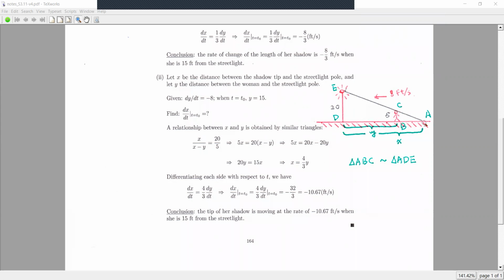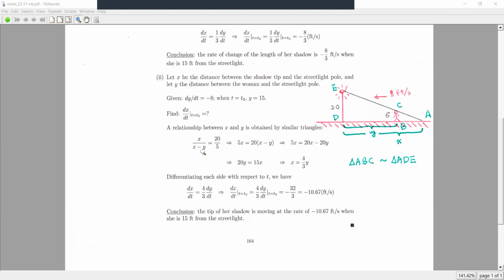Therefore, the edge AD over the edge AB is equal to the edge DE over the edge BC. AD now is x. AB is x minus y. Therefore, I have this equation.